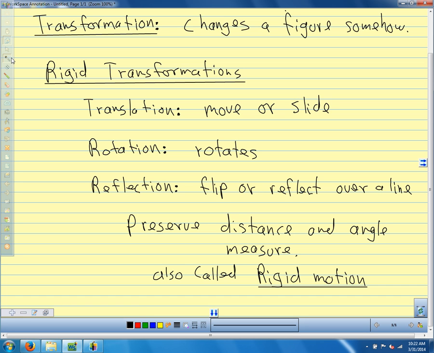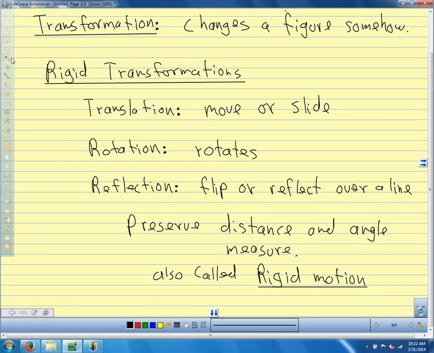Rigid transformations or rigid motion is important because that's how we make our idea of same size and same shape a little more formal. The two figures are congruent if one is a series of rigid transformations of the other.